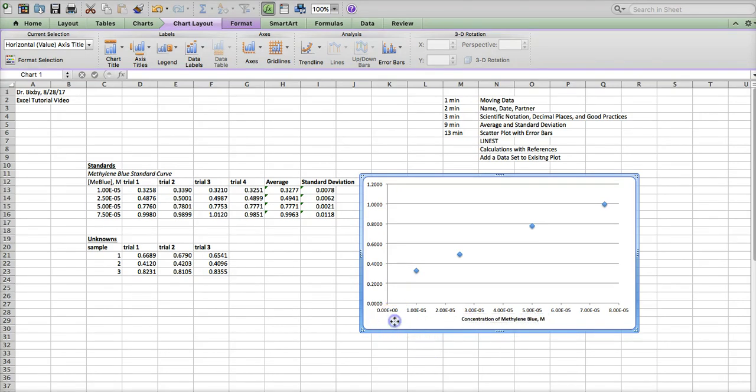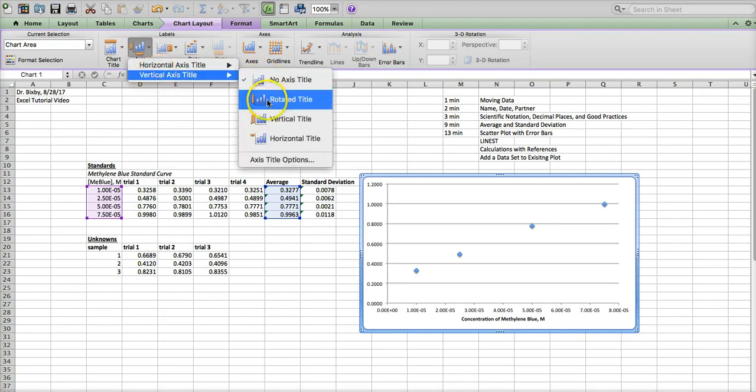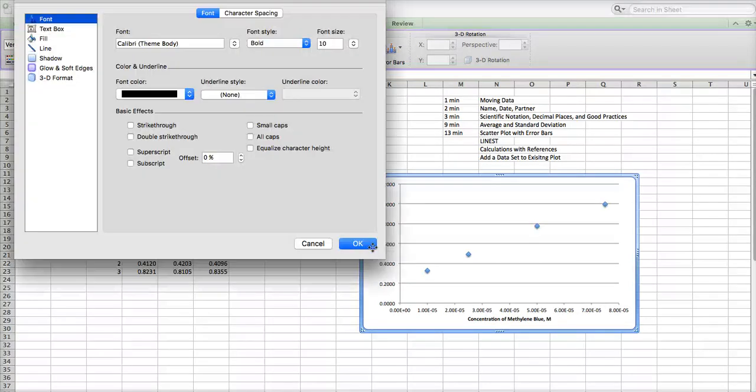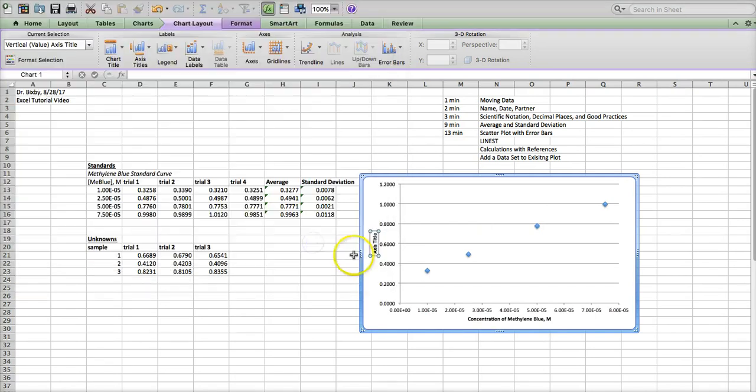You should always make sure you've got your units there. I'm going to add my vertical axis label, and then this is going to be average concentration. Oh, I double clicked on it, so now it's going to try to open the formatting window. Okay, I'm going to skip this, cancel.